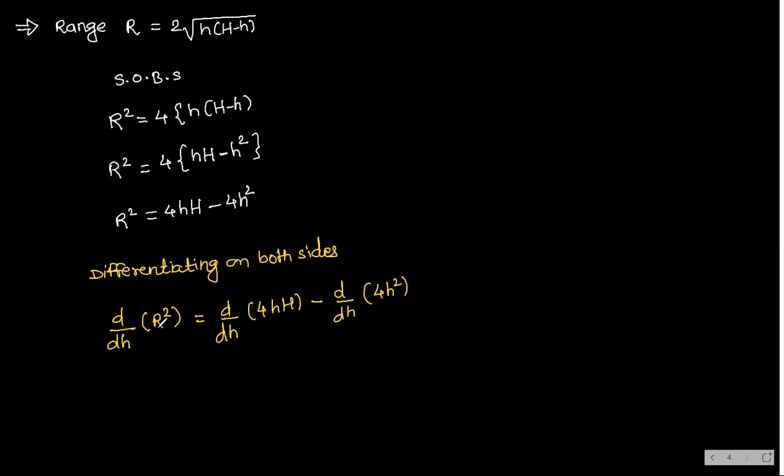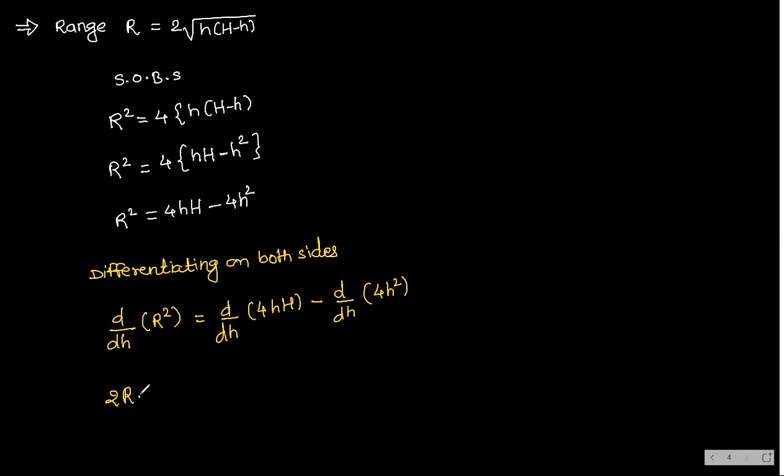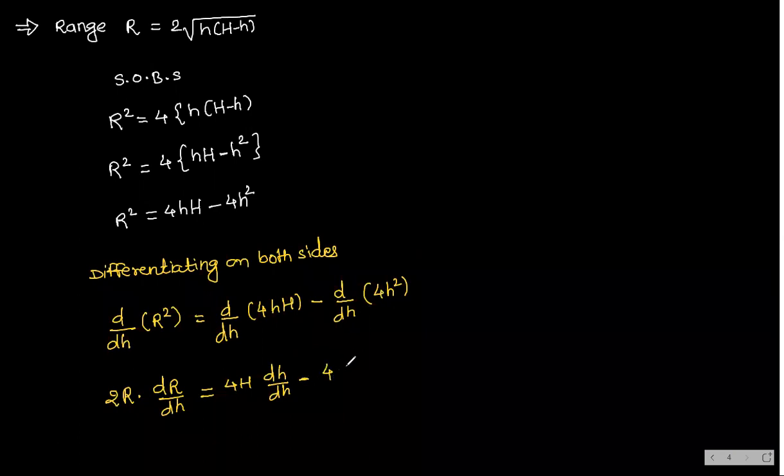Now d/dh of R square, what I am getting, 2 into R into dR by dh is equal to 4 into capital H outside dh by dh minus here also 4 outside d/dh of h square.